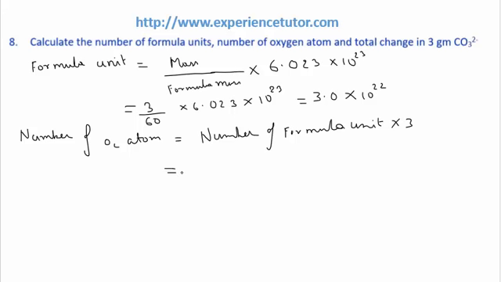So you can write it as 3 into 3.0 into 10 to the power 22, which is equal to 9.0 into 10 to the power 22.